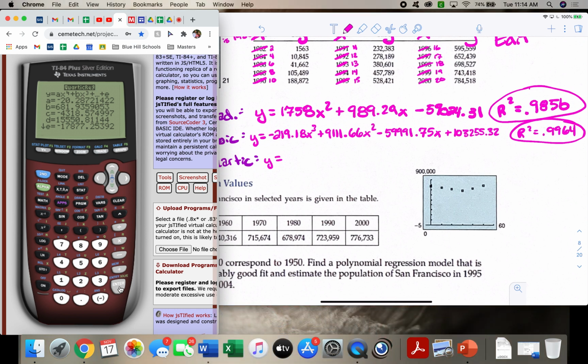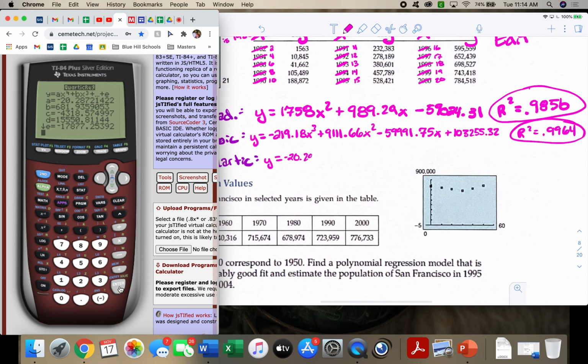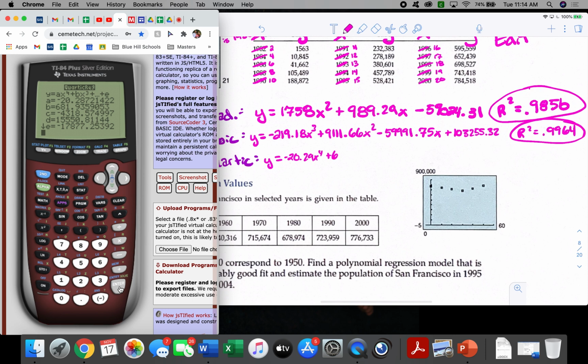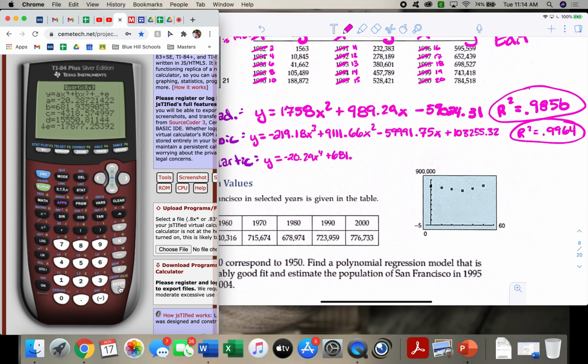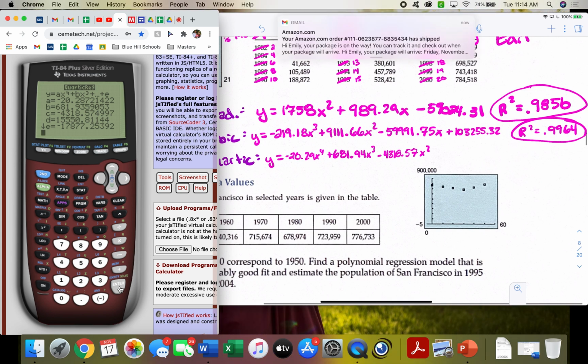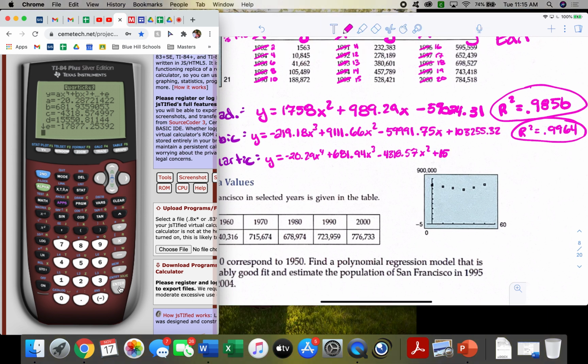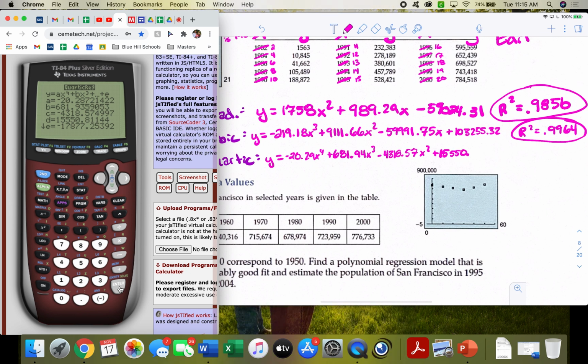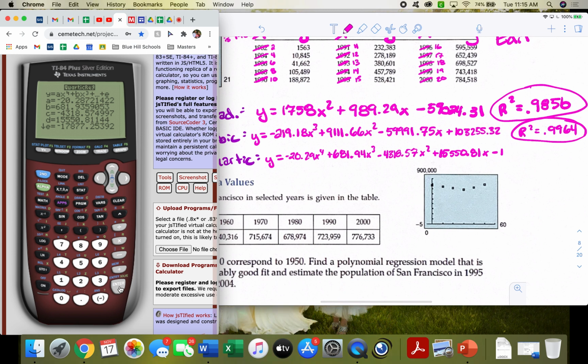All right, so this one is really long and ugly. A was negative 20.29 x to the 4th power this time, plus 681.94 x to the 3rd, minus 4318.57 x to the 2nd power, plus 15550.81 x, minus 17877.25.